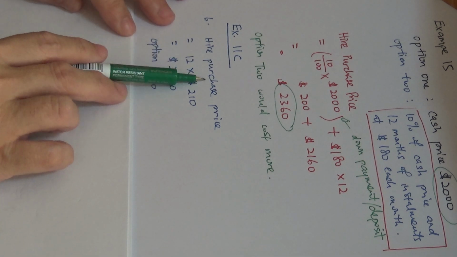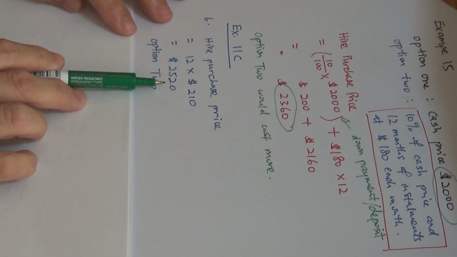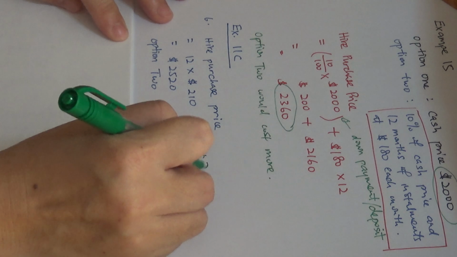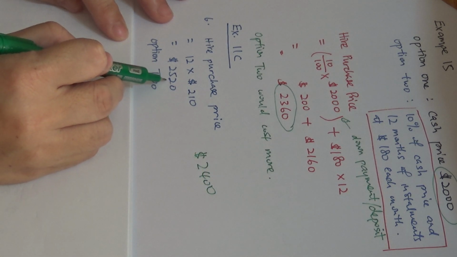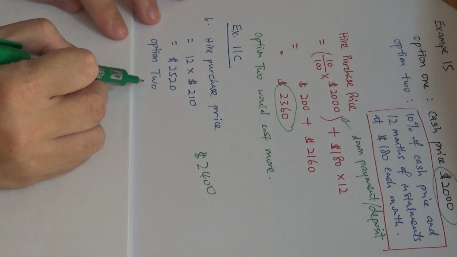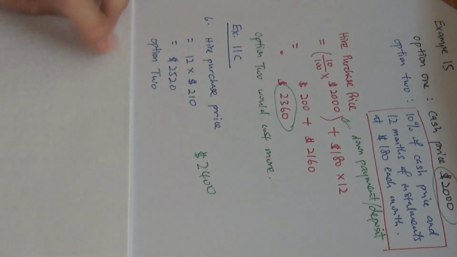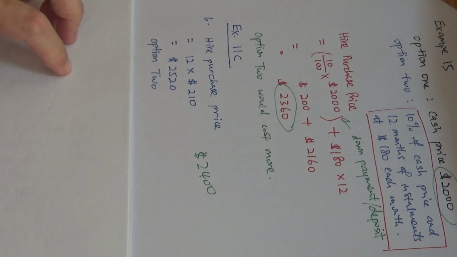Same thing, hire purchase price is 12 times 210, you get this. And if you compare option 1, which is 2,400, you will see that this one actually costs more. So option 2 will cost more. Okay, so your answer should be option 2. Alright, so that is your question number 6.